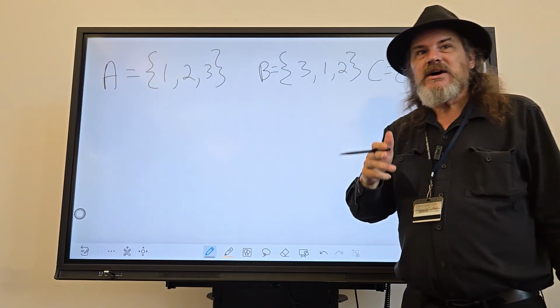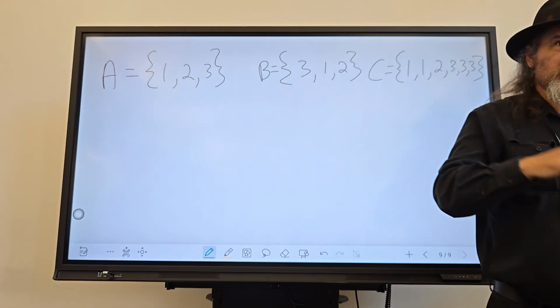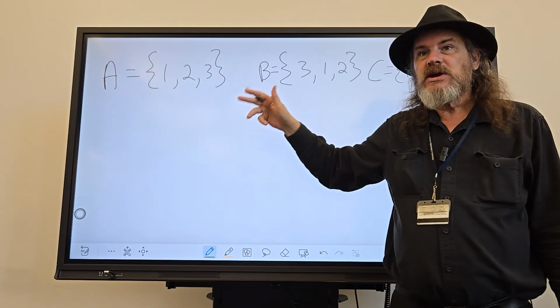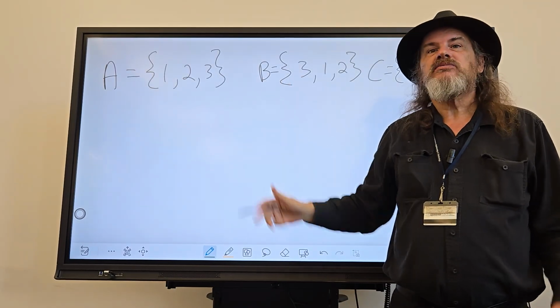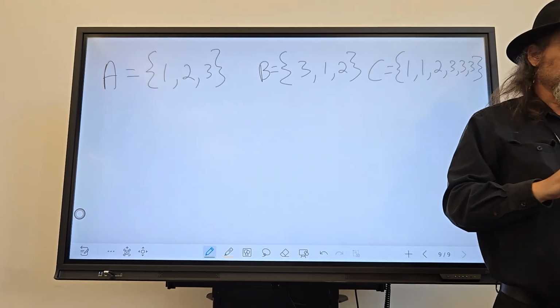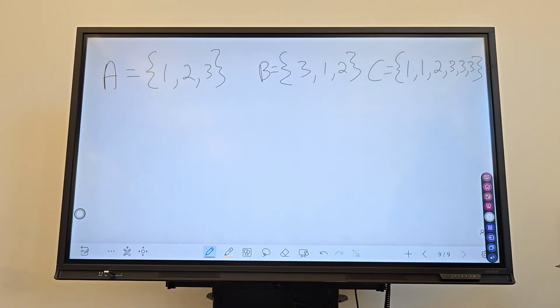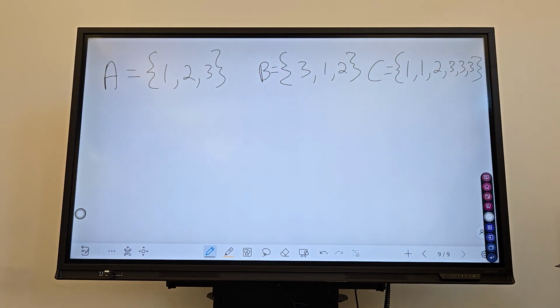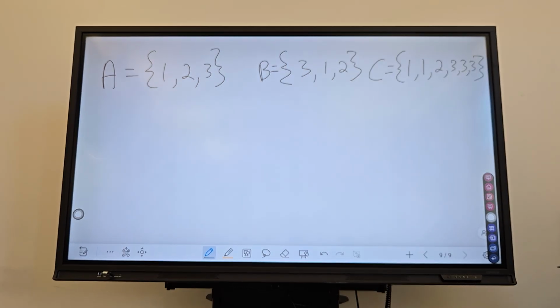Sets are not like arrays in C++, even though the notation is the same mathematically versus programmatically. And we'll get into later on when we get into logic functions, I'll show you the difference in different notation depending on what field of study you're in.